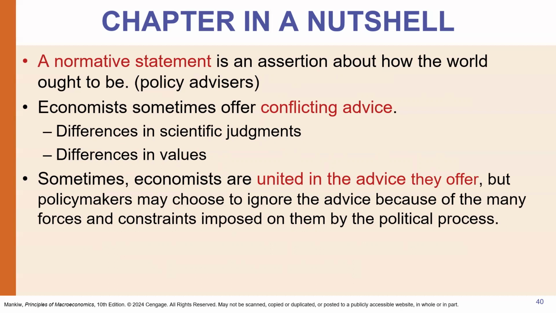Sometimes economists are united in the advice they offer, but policymakers may choose to ignore the advice because of the many forces and constraints imposed on them by the political process, right? So economics is not all the concerns that the policymaker needs to be careful about. They have a matrix of issues they need to pay attention to.